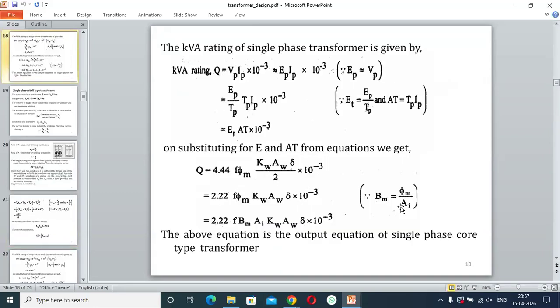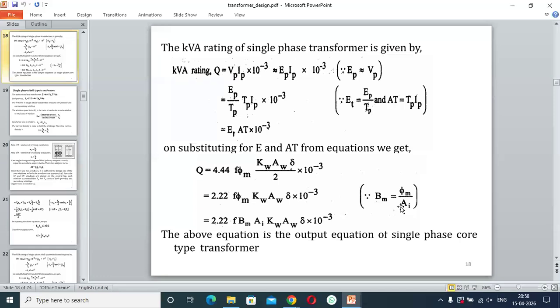So the kVA rating of the single phase transformer will be given as VPIP multiplied with 10 power minus 3, because suppose the rating is given in volt-amperes, so we have to convert this into kVA.